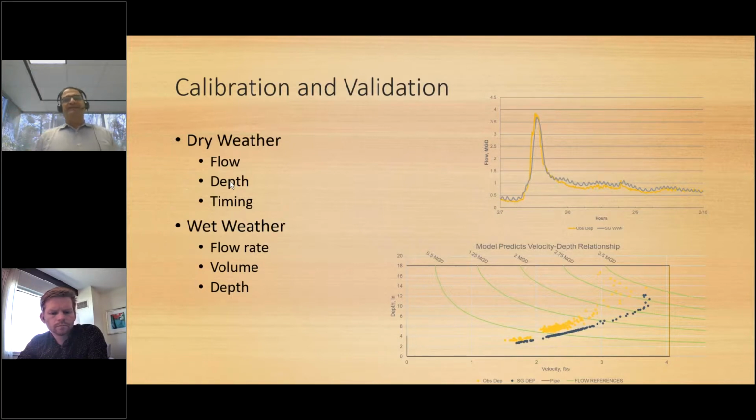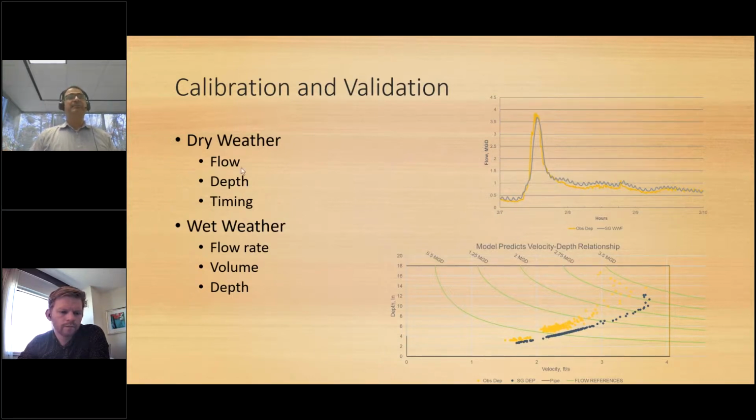So the model will almost always show higher velocities and lower depths, and you need to increase those factors, friction factor or whatever other loss factors, Manning's or whatever, to bring the depth up and slow the velocity down.